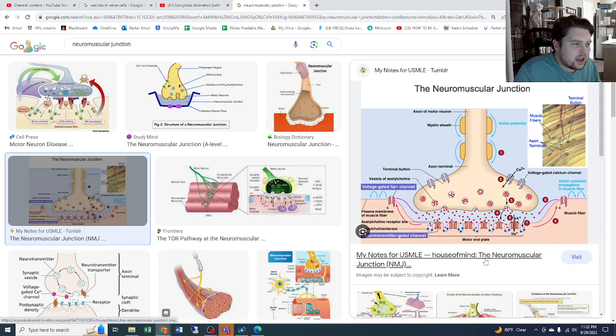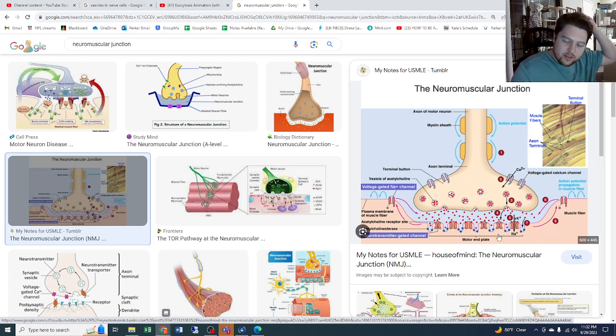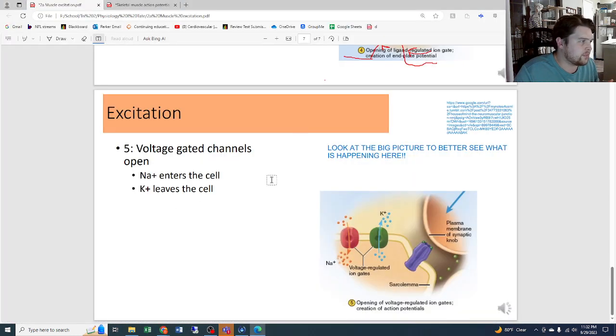And so as we get cations flowing into here, these cations are going to drift out and out and out and cause that change in the potential, that voltage, to continue to extend all the way here to the edges where we have voltage-gated sodium channels. We have voltage-regulated ion gates. We have these voltage-gated channels.